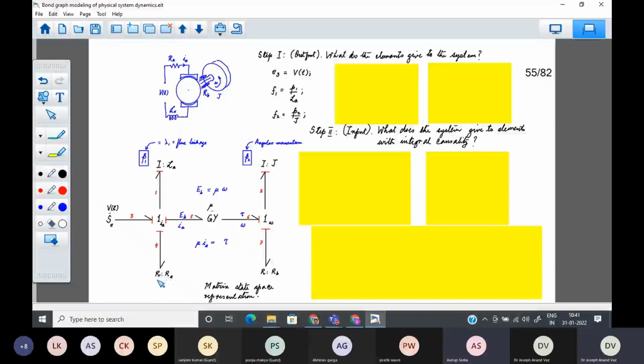We still have two elements, RA and RB, to which these questions have to be asked. So let's start with RA.